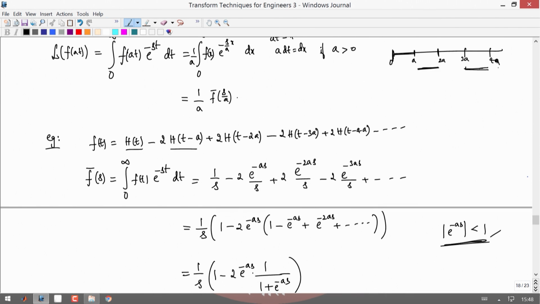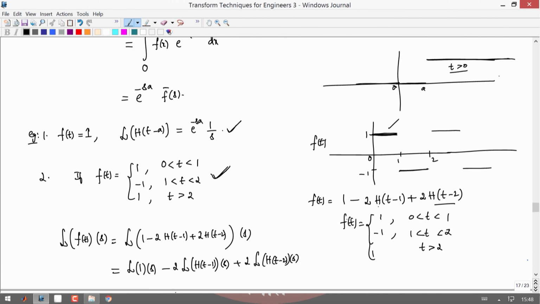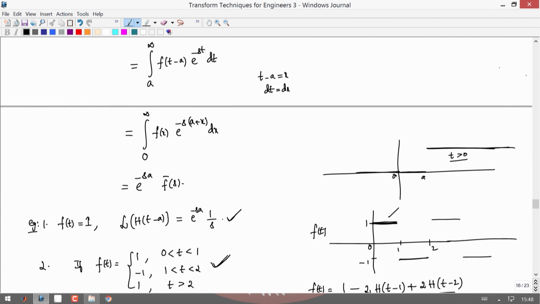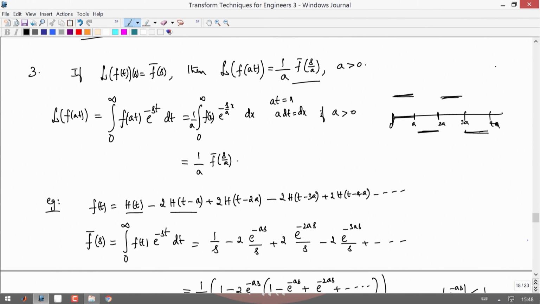So you can easily see that in this example, actually we have not used the scaling here. This is one scaling property we have not used. So this is not an example for the scaling property.